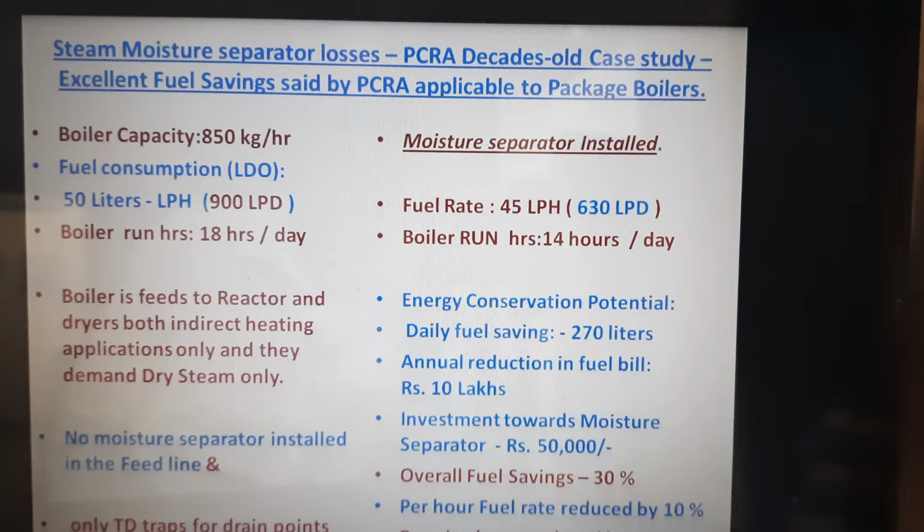At both the ends, you can see the fuel dropped to 45 LPH, almost 10% savings in fuel, and the boiler running hours dropped from 18 hours to 14 hours.